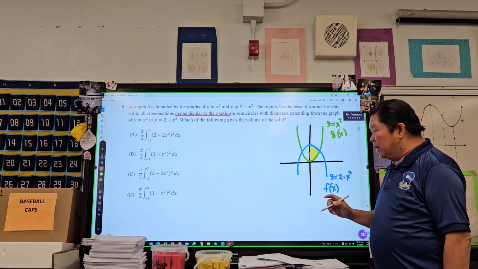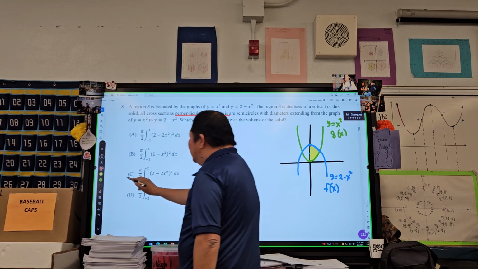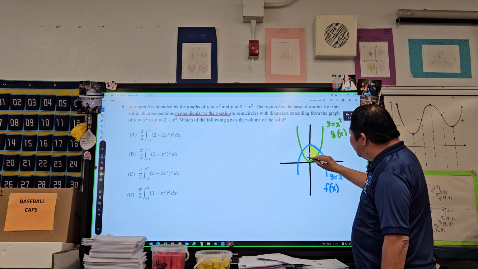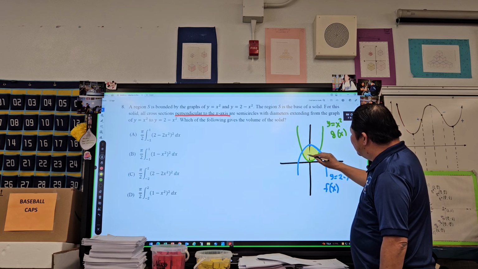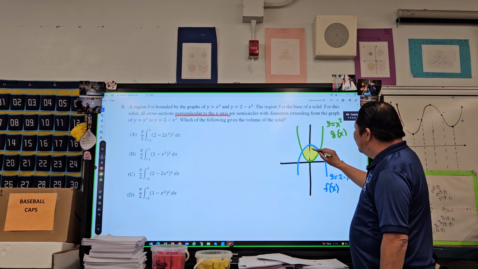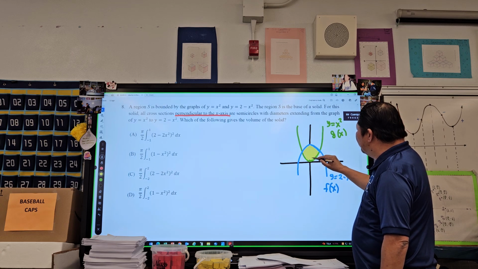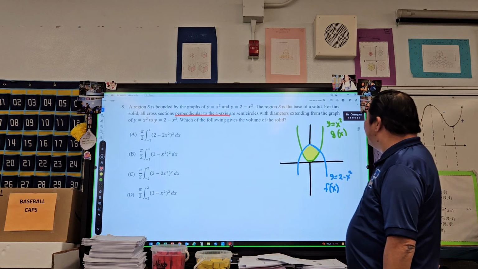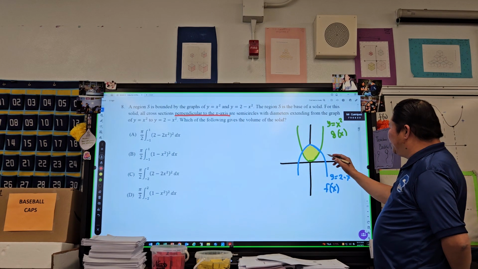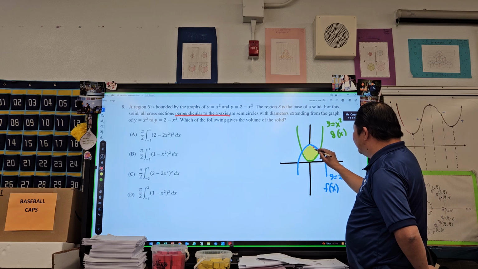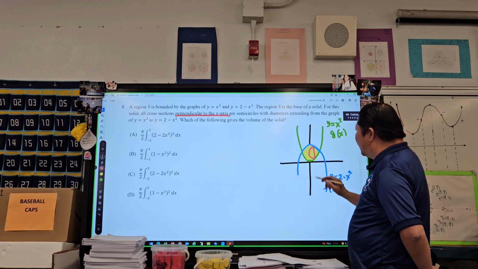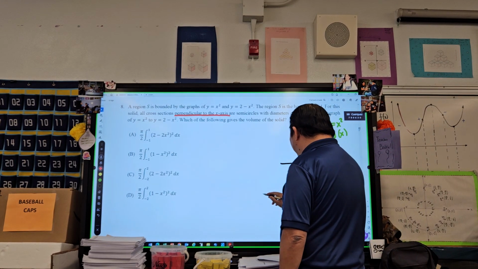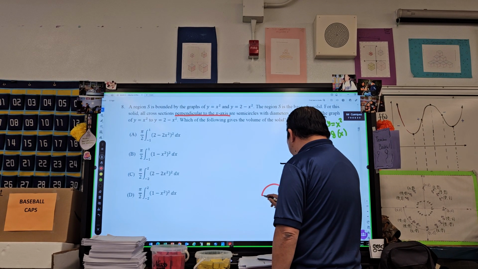Okay, so this means this is also included. You get me? So we also have to include this one. And it says semicircle. Okay? So we do a semicircle like this. If I draw it here, it goes this way.